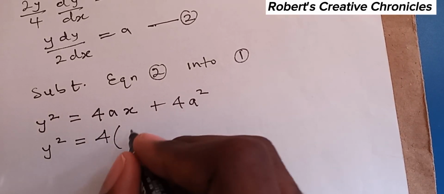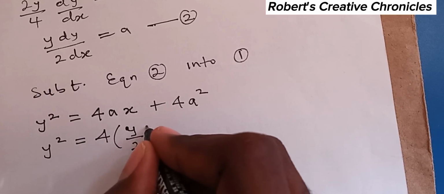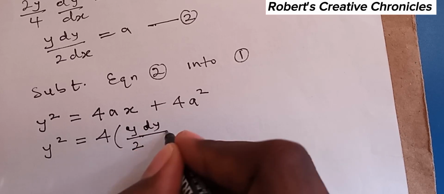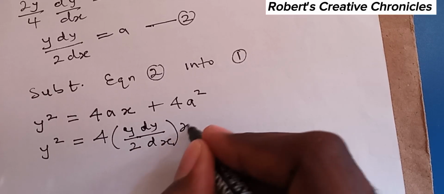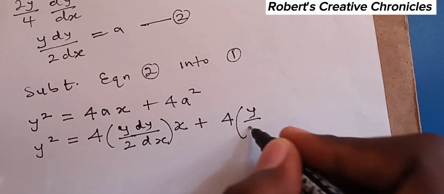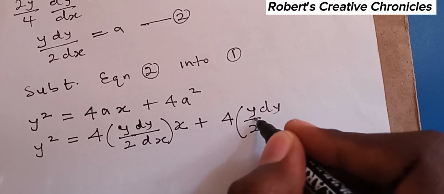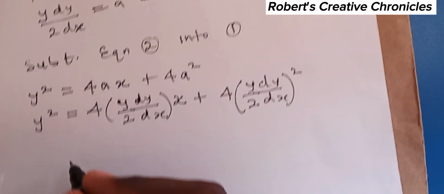What's my a? a is y dy over 2dx, so x plus 4 (y over 2 dy over dx) all squared.